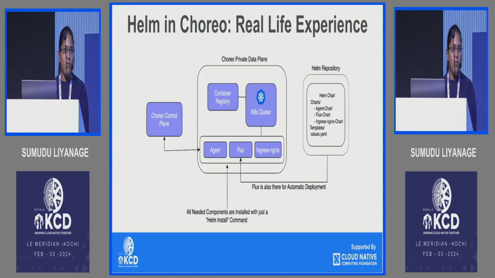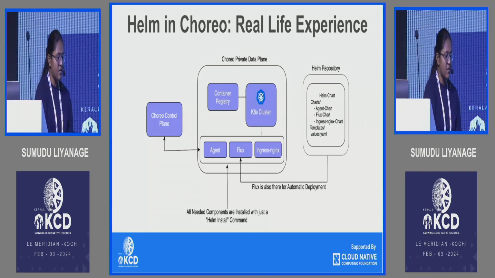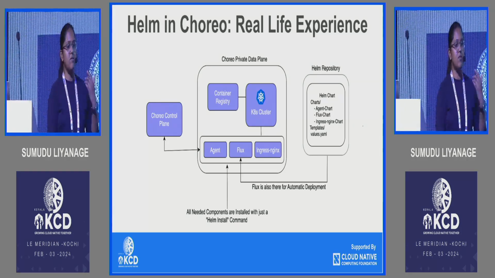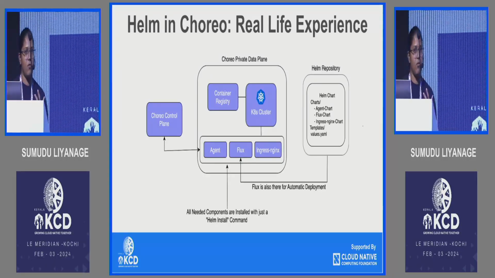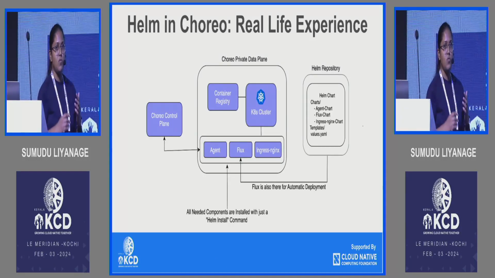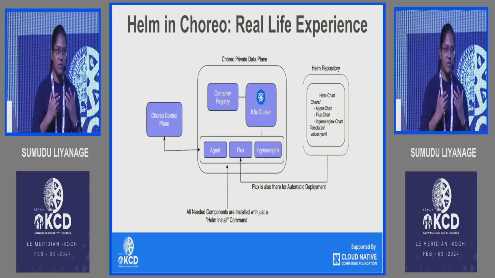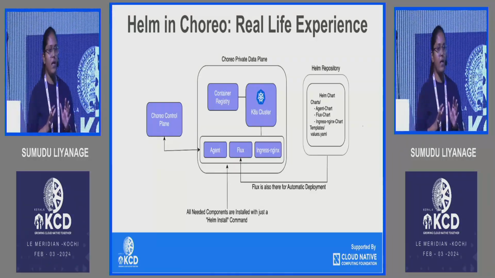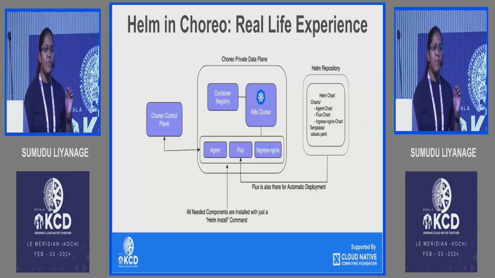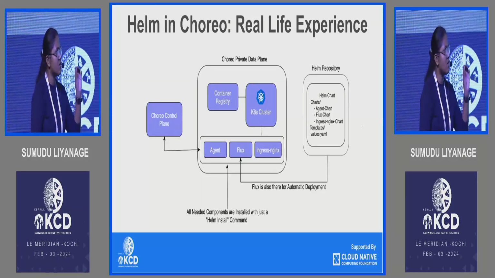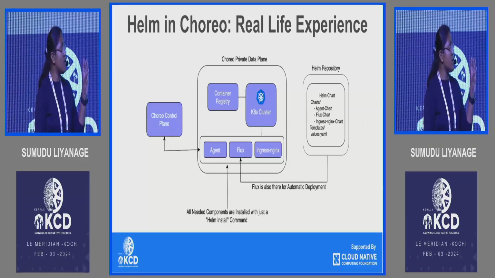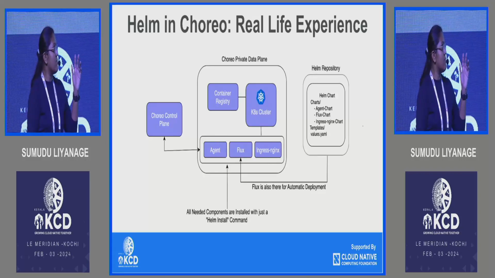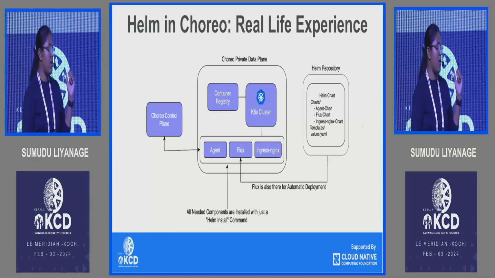I have used Helm a lot in my real life, and this is one of the scenarios. At WSO2, I'm working on a product called Choreo, which is an internal developer platform. We let our users bring their own Kubernetes cluster and connect it with our control plane. What they bring is not just a Kubernetes cluster; they will have things like a container registry and so on. We need to configure the Choreo private data plane to communicate with the Choreo control plane.